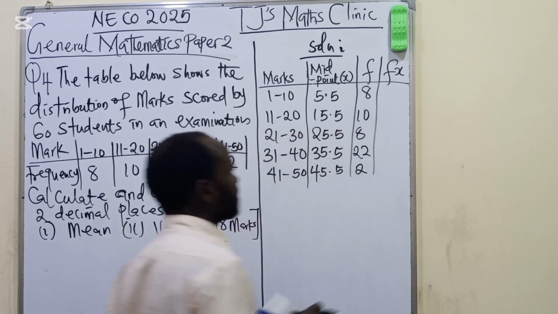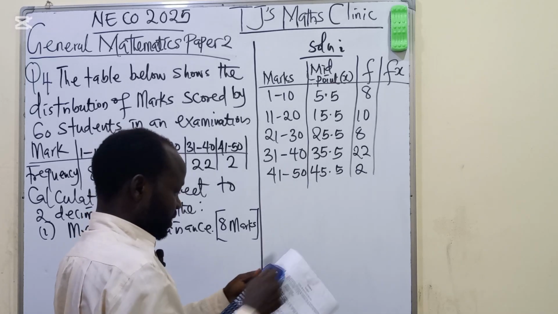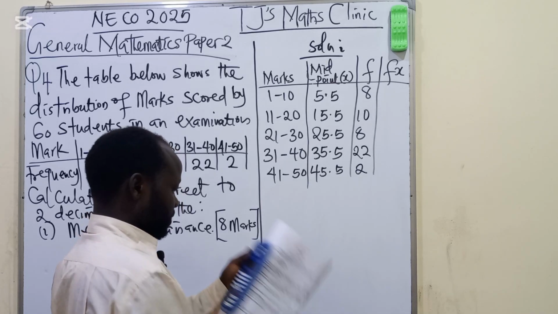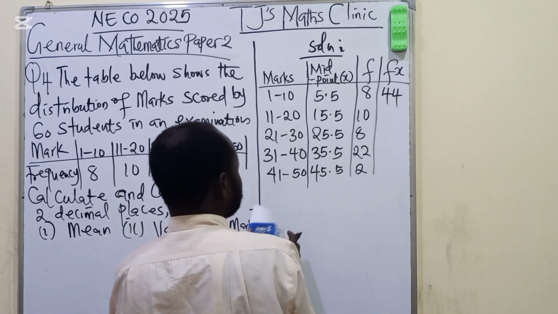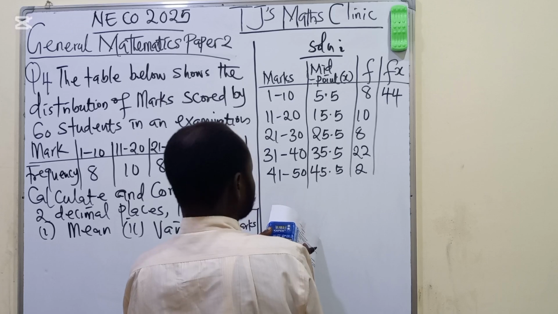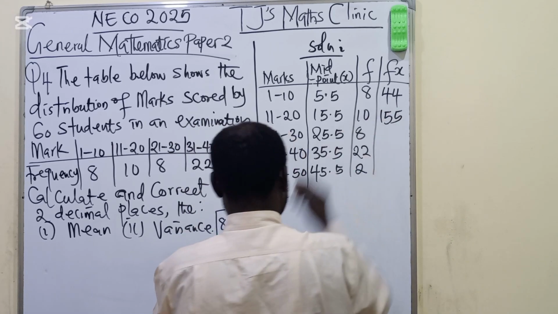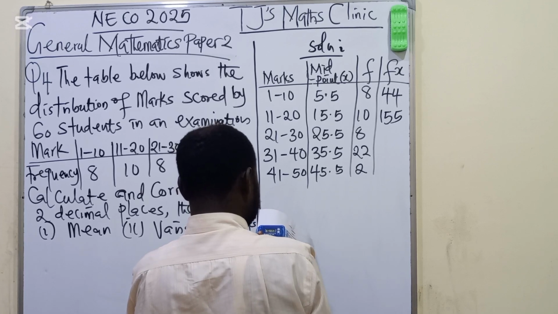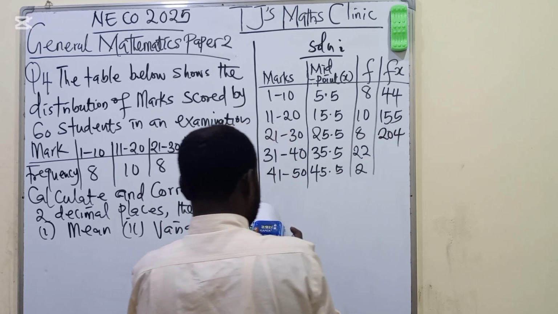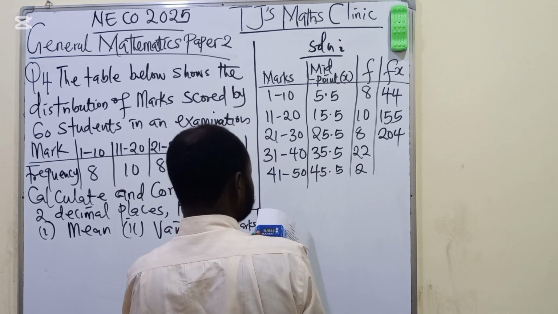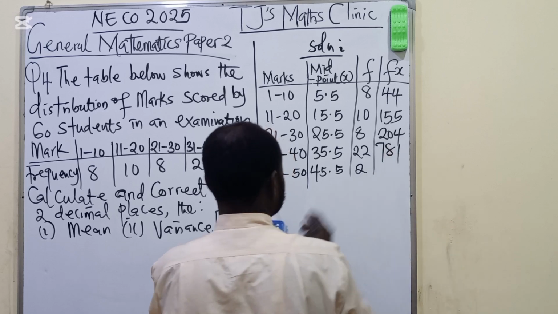To find fx now, we multiply 5.5 times 8. We have 44 as our first fx. 15.5 times 10, that will be 155. And then 25.5 times 8, that will be 204. Then 35.5 times 22, that will be 781.